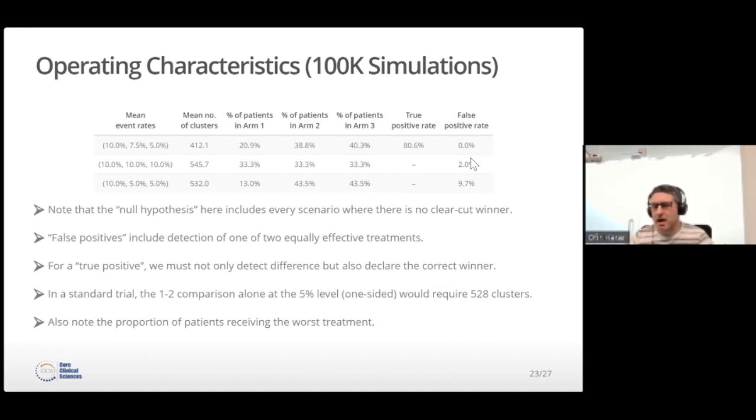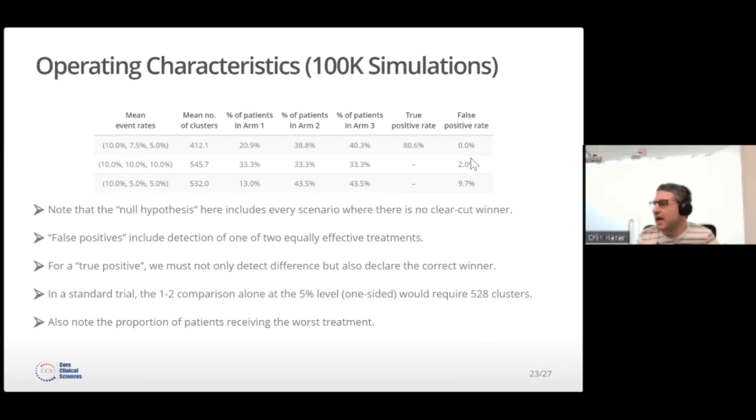Because I'm doing something that is very ambitious. I don't just rule out equality among all these arms. I also follow through and point out which of them is the best one. And if there is no best one, as in the third line here, then any treatment that I identify as the best is a false positive. But either way, I don't think that's bad.